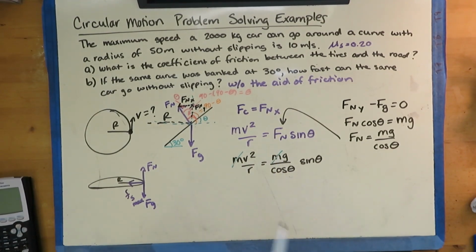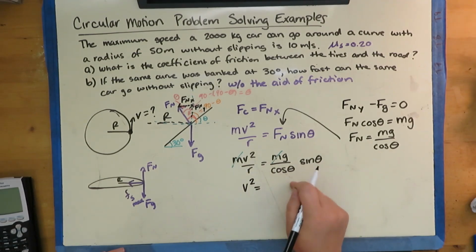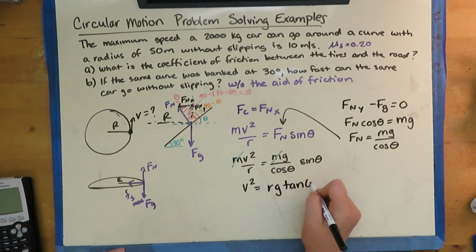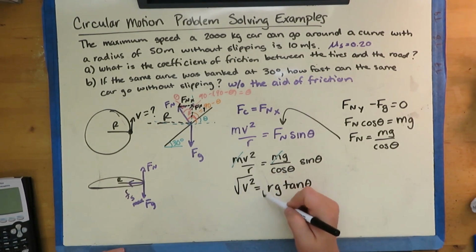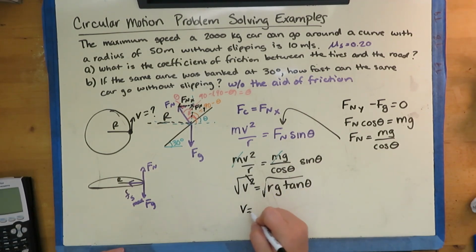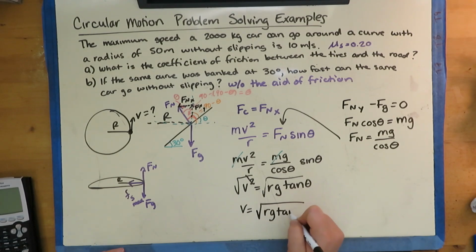And if I solve for speed, v squared is going to be, sine over cosine is tangent, so that's going to be rg tan theta, and then square rooted. So my speed is going to need to be the square root of rg tan theta.